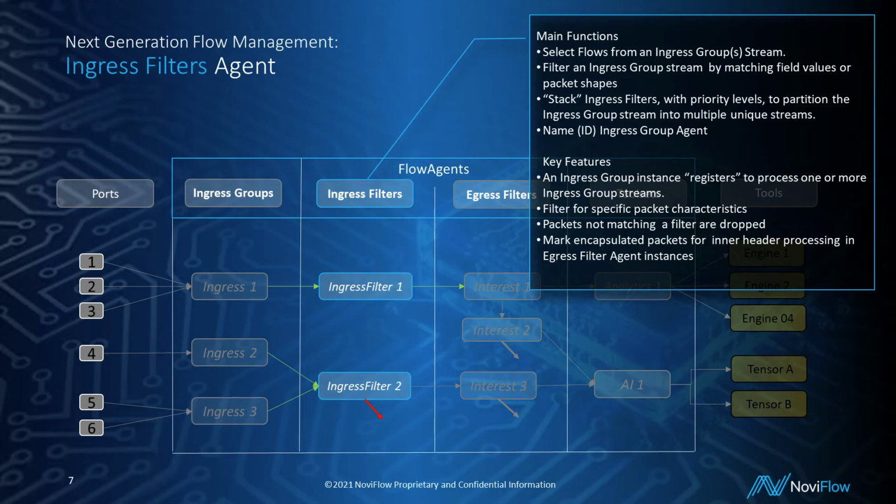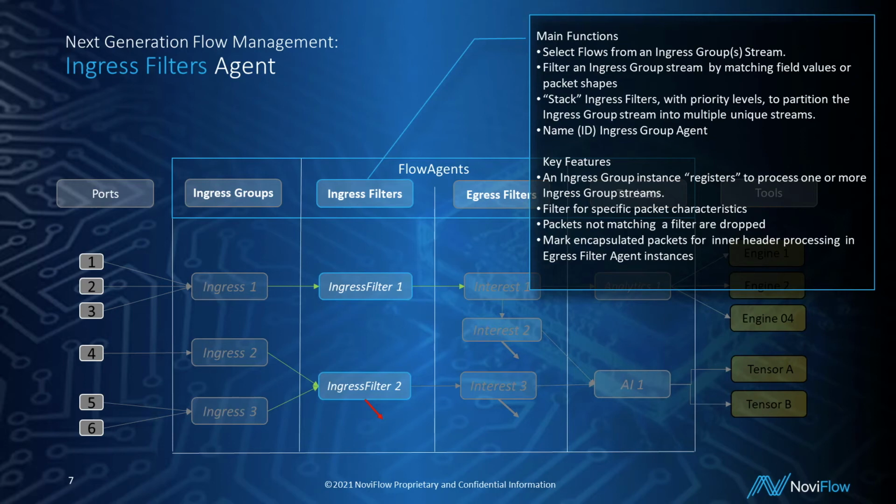So Ingress Filter 2 is an example of where you took the time to say there's something different between packets coming in on port 4 and packets coming in on ports 5 and 6, and then you put them together. So the scenario might be that right now, those packets are different enough. Ultimately, there's going to be a new tool set, a third set of tools that will show up.